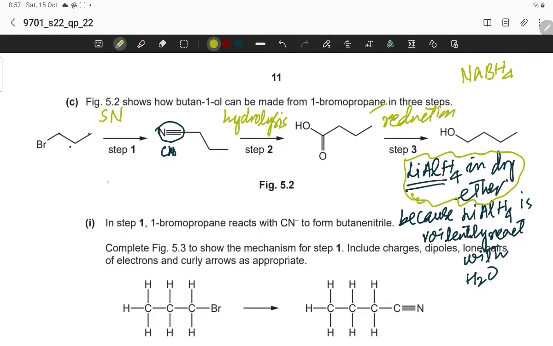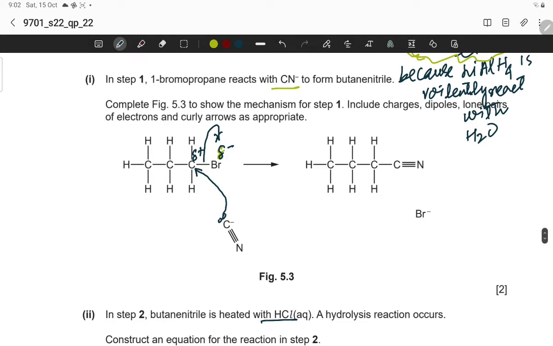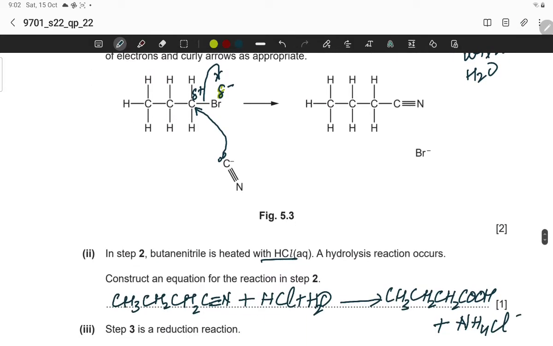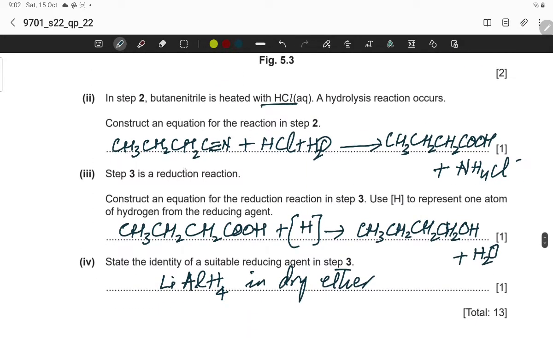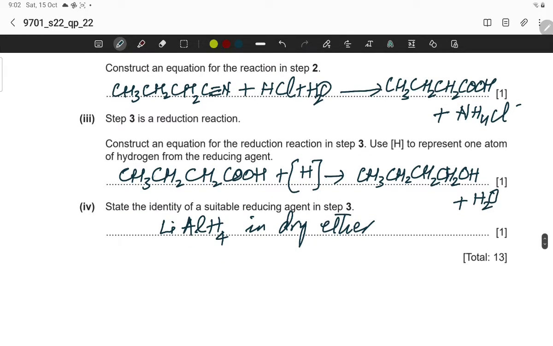So these are the reactions, and this is the reaction of step 2, and this is the reaction of step 3, and hydrogen represents one atom of hydrogen from the reducing agent.